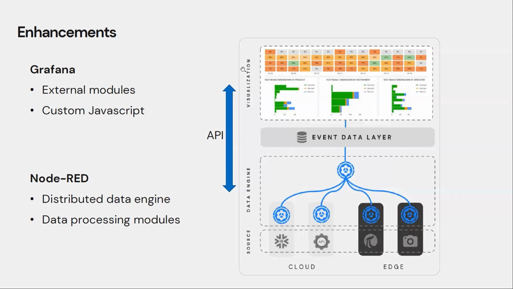So we have built APIs to link these two pieces together. Then all of a sudden you can execute very complex user instructions from Grafana sent to Node-RED, and then Node-RED does all the processing. So this is one thing that we find to be very, very useful. Whether it's the instructions from the users or the data source, you need a data engine to really do all these things.